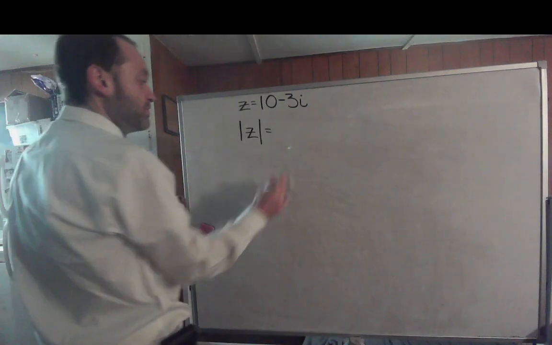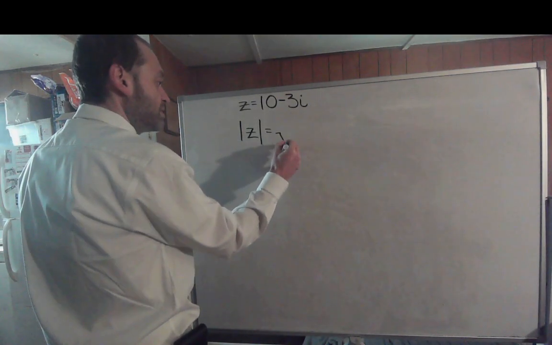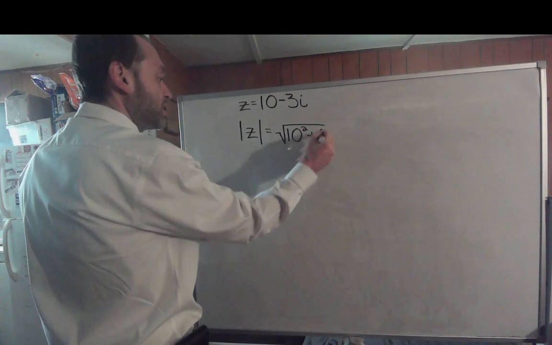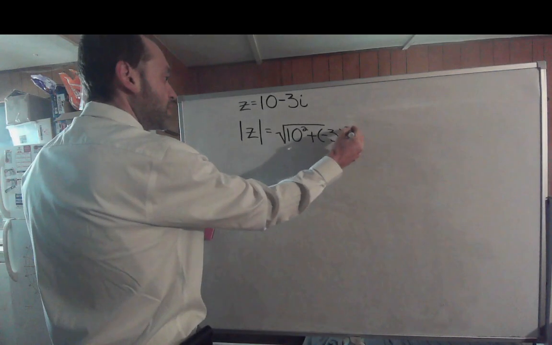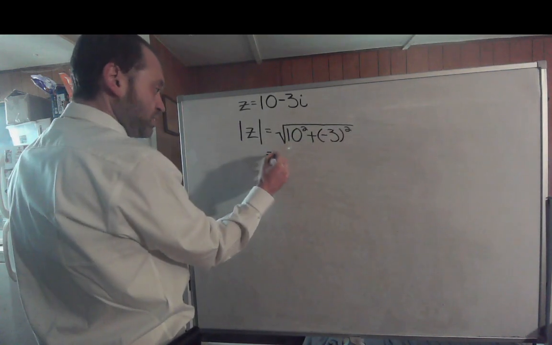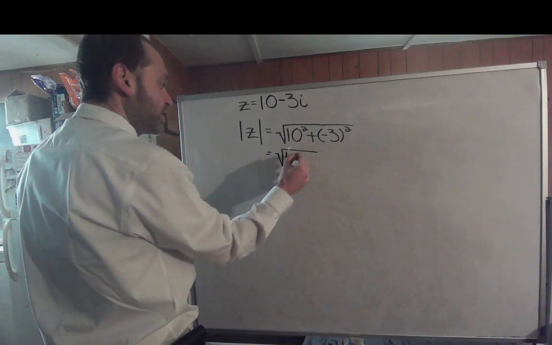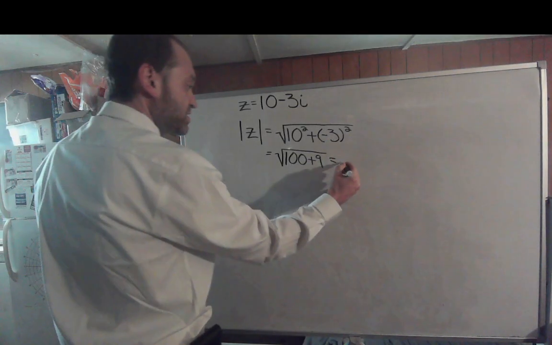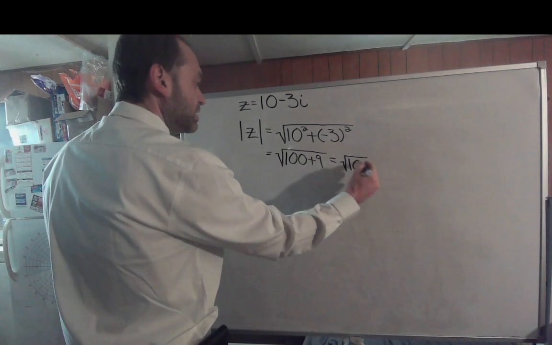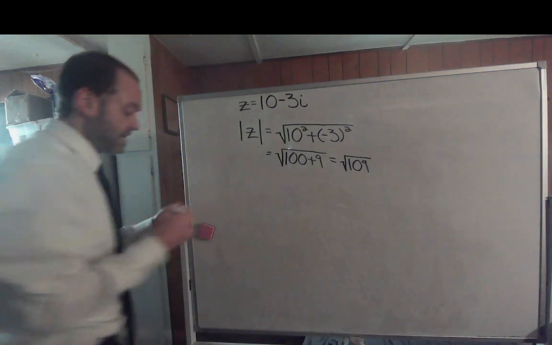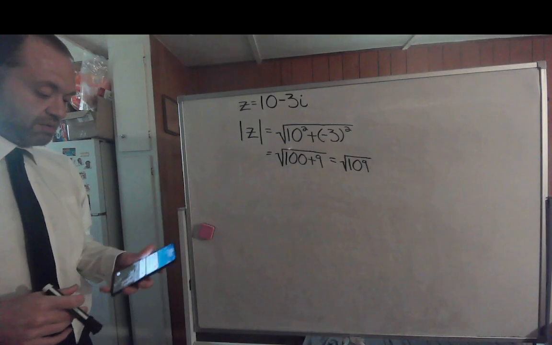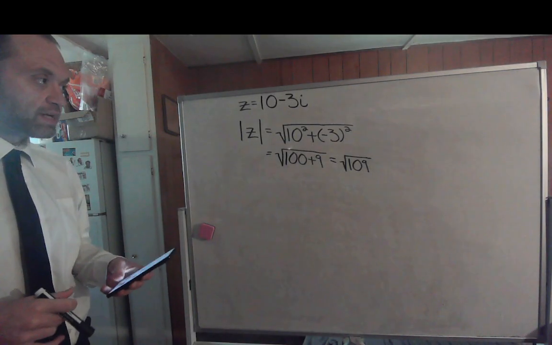So the absolute value of this complex number is going to be the square root of 10 squared plus that negative 3 squared, which would equal the square root of 100 plus 9. Of course, that is the square root of 109, but let's see if the 109 breaks down. I almost want to say it does, but let's just be sure of that.